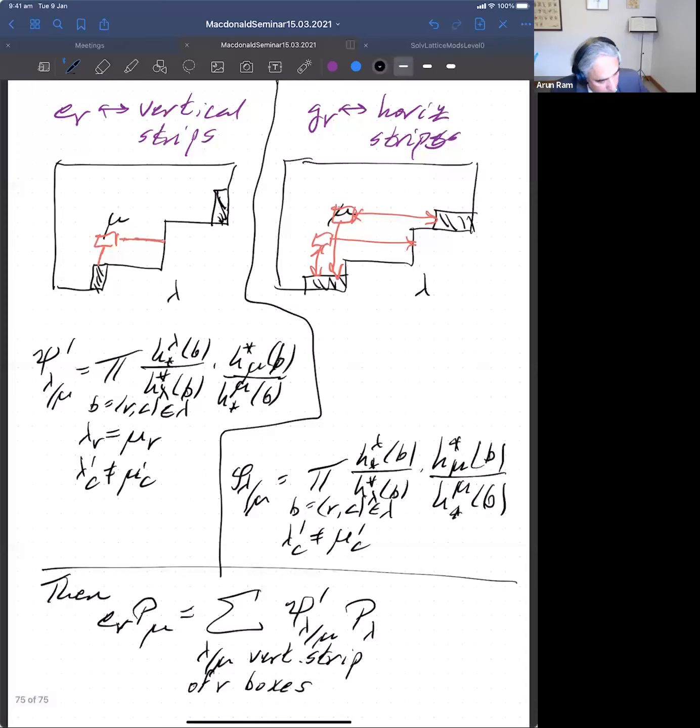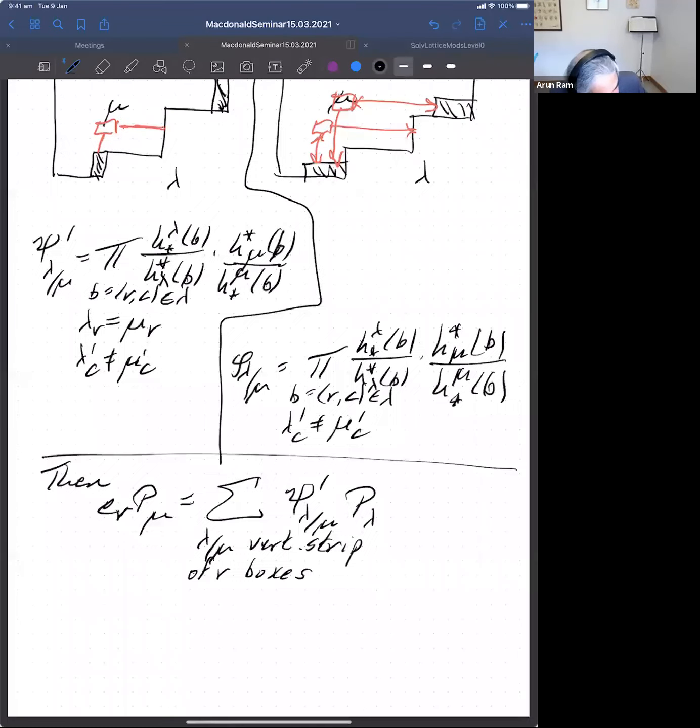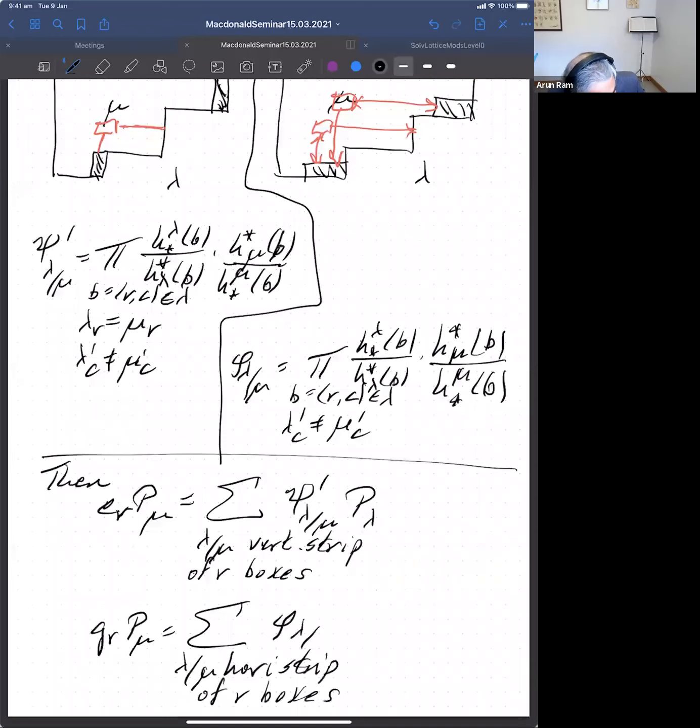And finally, G_r times P_mu is the sum over horizontal strips of R boxes times phi_lambda/mu times P_lambda.